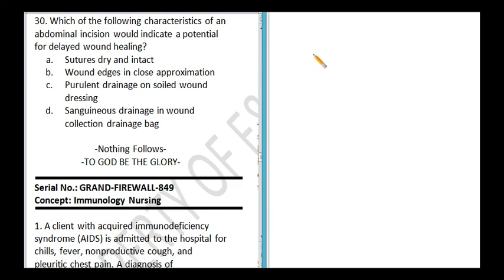So we're looking for a manifestation that may indicate delayed wound healing. Answer C. Why? Because it says here purulent, it means infected. And if a wound is infected, recovery is longer. C is the answer.